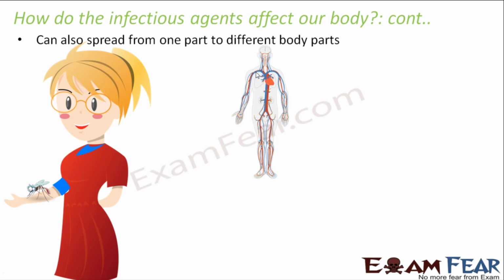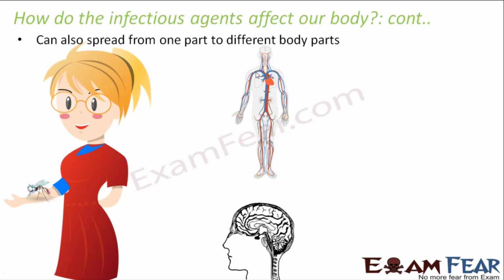That means it will spread because red blood cells are present throughout the body. So these microbes will affect all the red blood cells throughout the body, and as a result it will cause malaria. Right? So in this case the mosquito bite introduced the microbes in your body. These microbes affected your liver. So it went to your liver and it also went to all the red blood cells of the body.